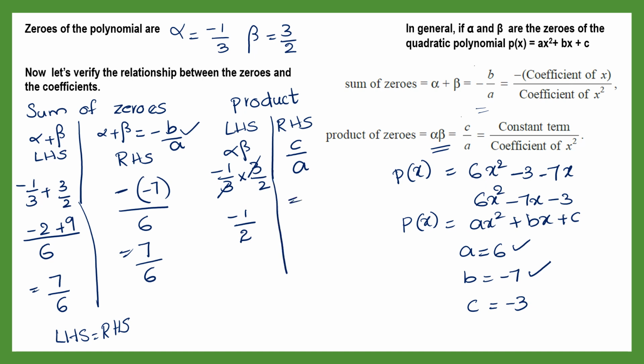C value is minus 3, a is plus 6, so 3 ones, 3 twos, you got minus 1 by 2. So the product of zeros is also verified. Here you got minus 1 by 2 and here you got minus 1 by 2. Hence the relationship between zeros and the coefficients is verified.